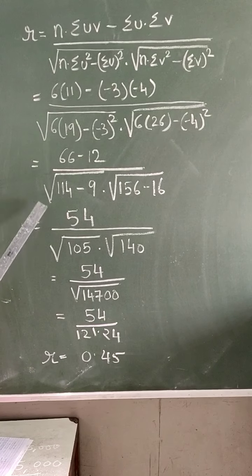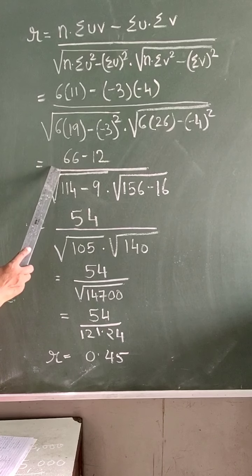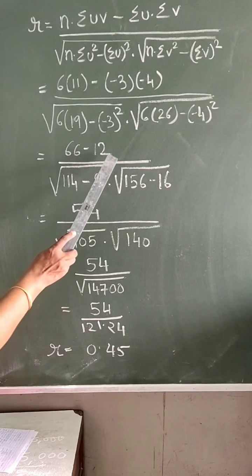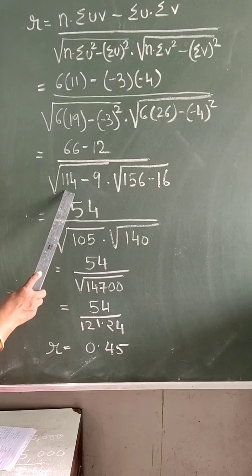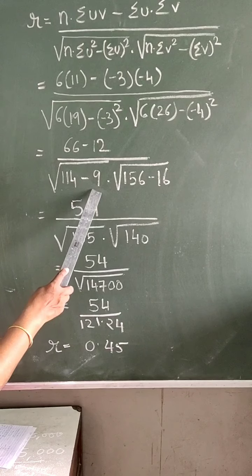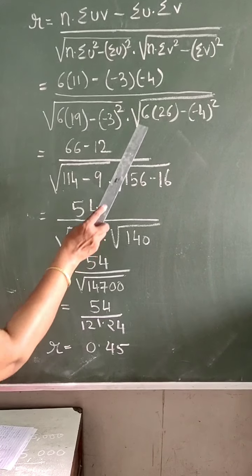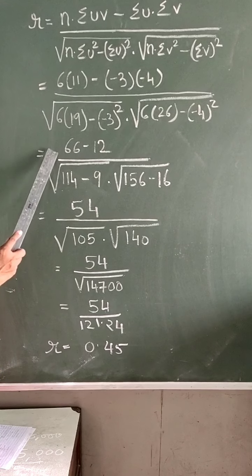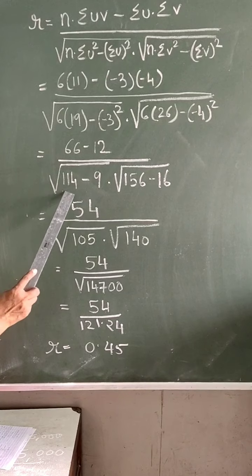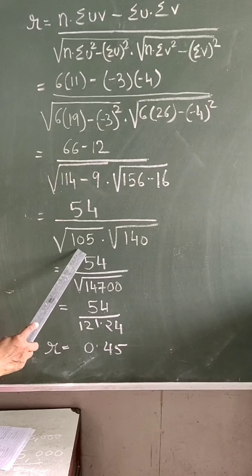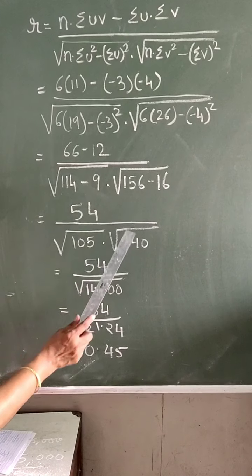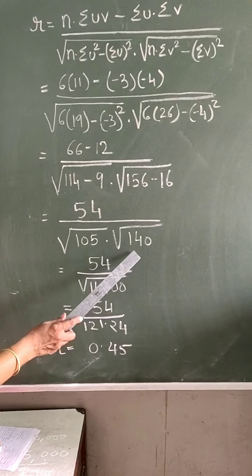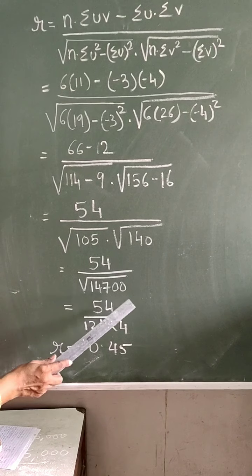We simplify this value. 6 into 11, 66, minus 3 into minus 4, 12, minus sign outside that, so minus 12. 6 into 19, 114, minus 3 square 9, multiplied by root 6 into 26, 156, minus 4 square 16. 66 minus 12, 54. 114 minus 9, root 105. 156 minus 16 that is root 140. 54 divided by root 105 multiplied by 140, root 14,700.